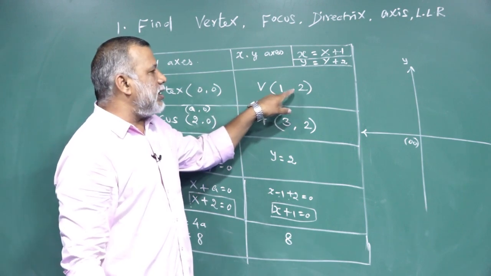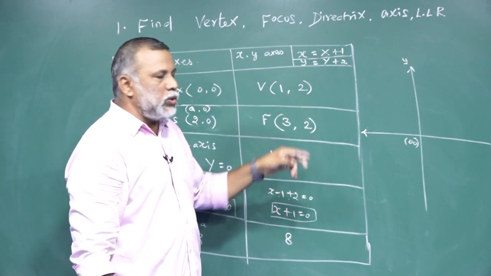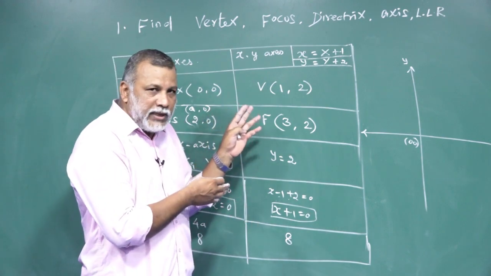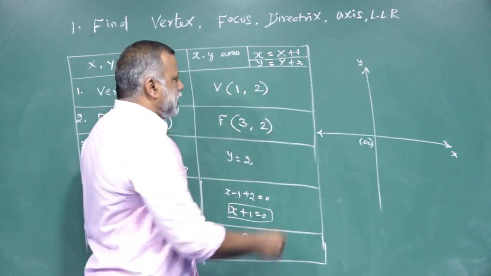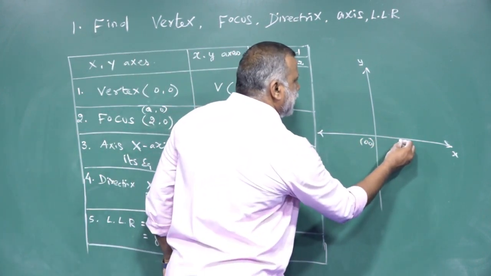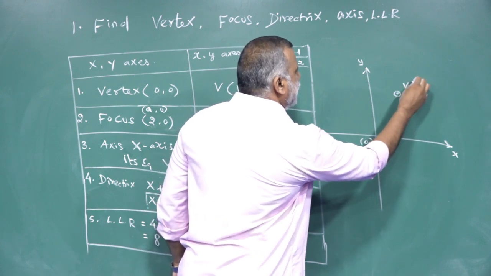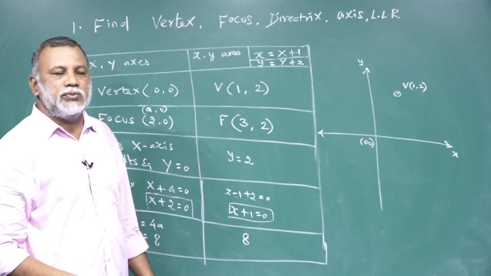See here, 1, 2. Where is 1, 2? 1, 2 is placed in the first quadrant. Listen to the board carefully. 1, 2 lies in the first quadrant. This is 1 unit, here 2 units. See this one, vertex 1, 2.